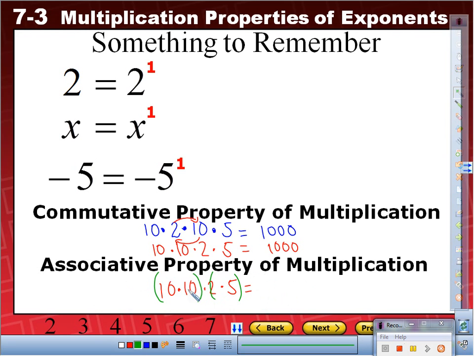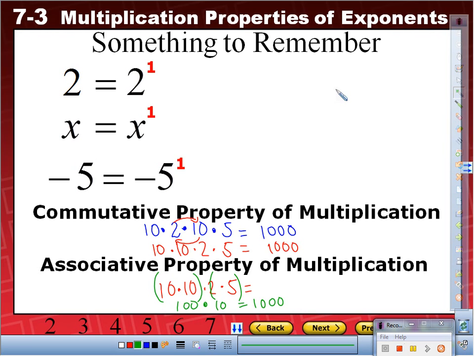What is 10 times 10? 100 times, what is 2 times 5? What is 100 times 10? 1,000. The product didn't change. Okay? So these are the things that we need to remember for this lesson. And I'm going to touch on a couple more, but for right now, that's all we need.